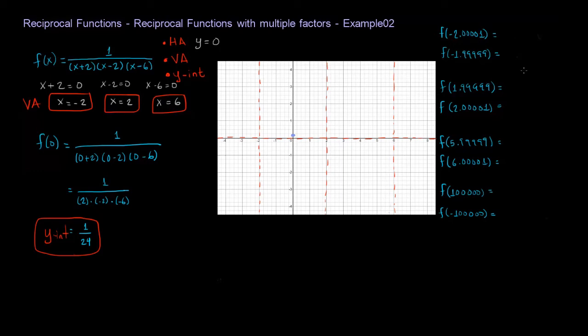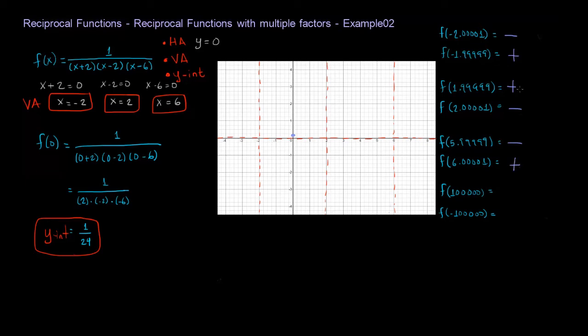I'm going to write only the signs here. Evaluating these, I get a super big negative number, then super big positive, super big positive, then super big negative, super big negative, and then super big positive.